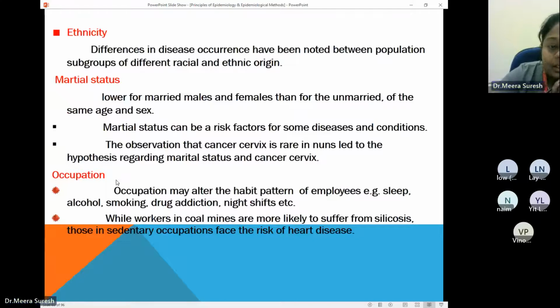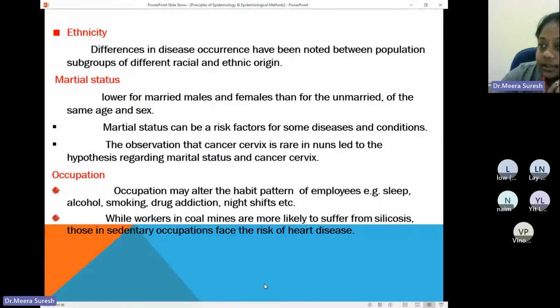Marital status can be a risk factor for some diseases and conditions. The observation that cancer cervix is rare in nuns led to the hypothesis regarding marital status and cancer cervix. This might be something that you already know. Cancer cervix is usually seen in females who bear a lot of children, who have multiple sexual partners, and who might have been induced into sexual intercourse at a very young age.